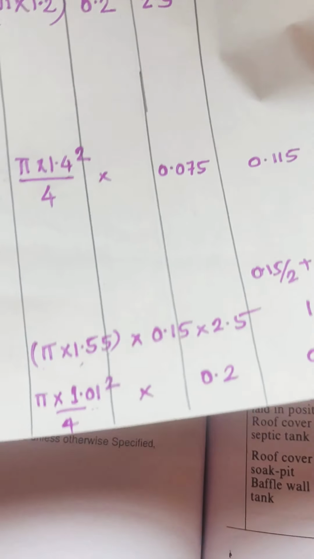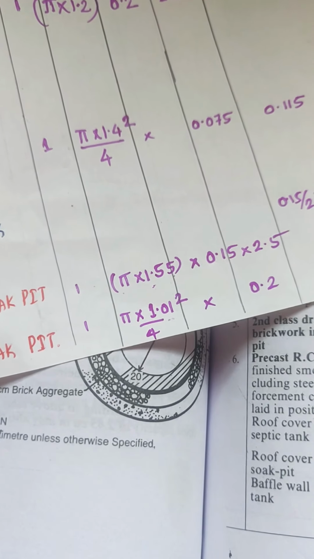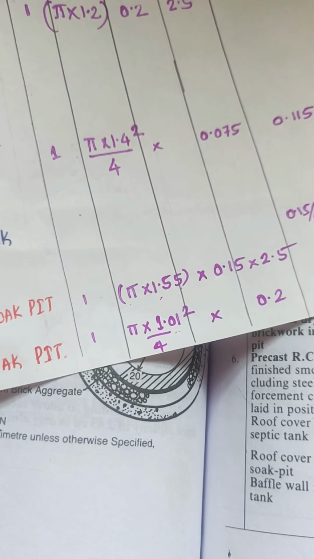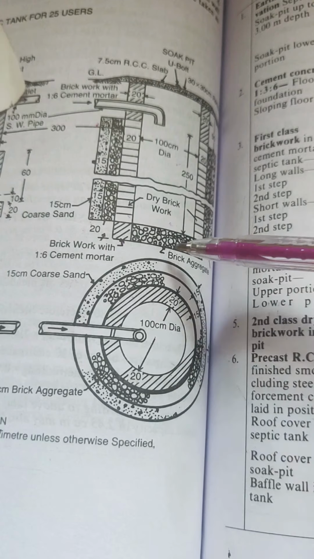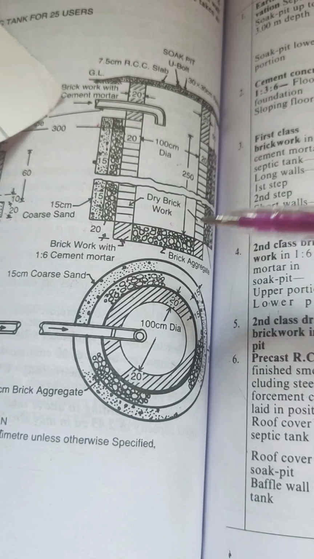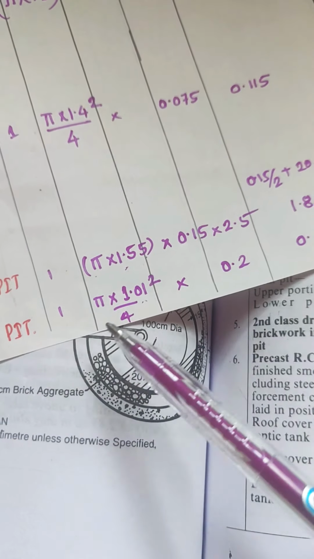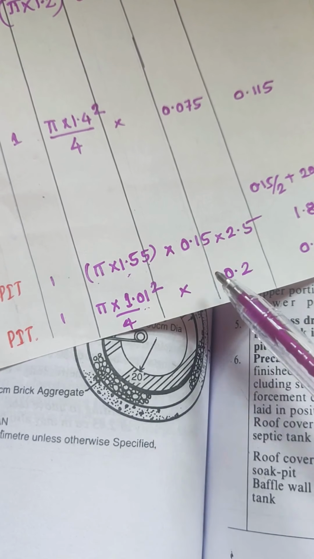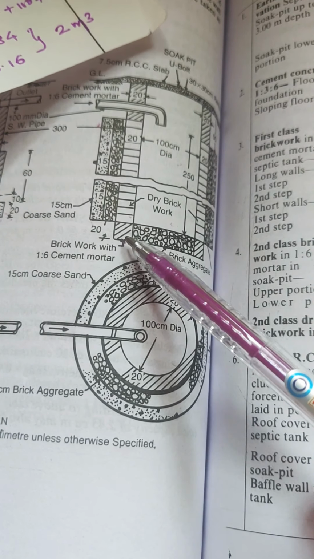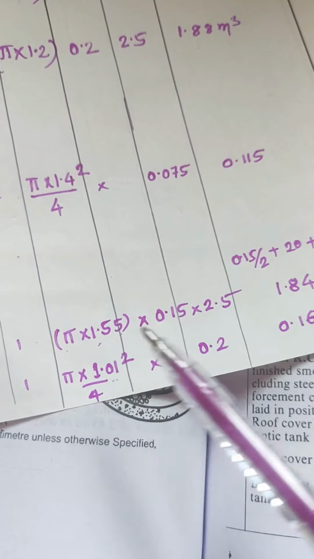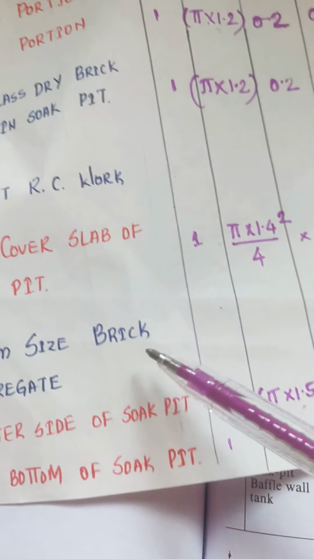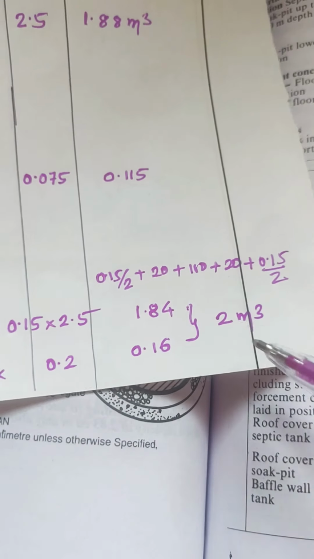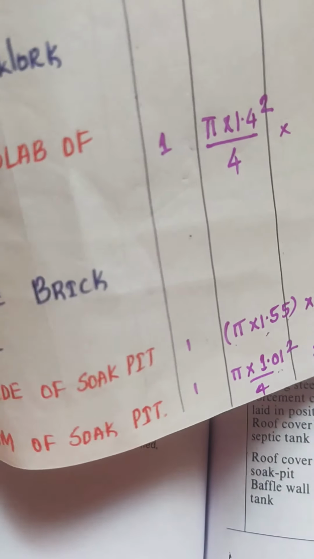So I have taken 55 mm bearing on both sides, so it will be 1.01 square. So since we are calculating at this part where it is occupying complete area, so it will be what? Pi into d square by 4 into what is the thickness? Thickness is given here, it is 20 centimeter. So it is pi d square by 4 into thickness. So we get the volume of this. So this is the total quantity for 50 mm size brick aggregates. So it is 2 meter cube.